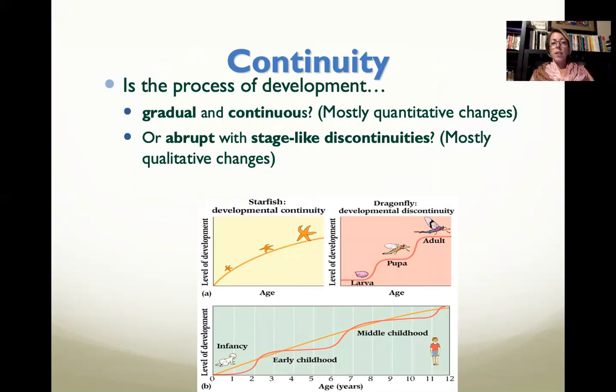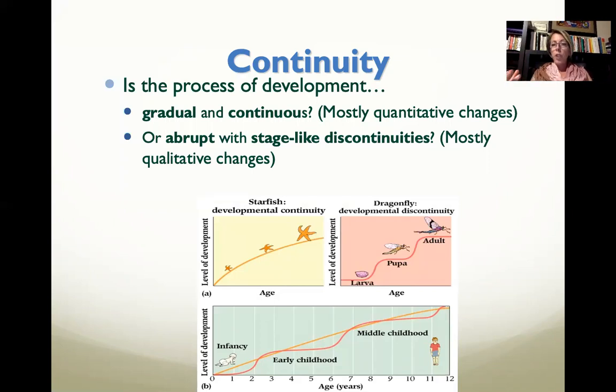The issue with this is that the answer is yeah, both, right? When we're talking about children, development is gradual in some areas and discontinuous in others. So we need to look at both of these kinds of ways of developing across the lifespan.